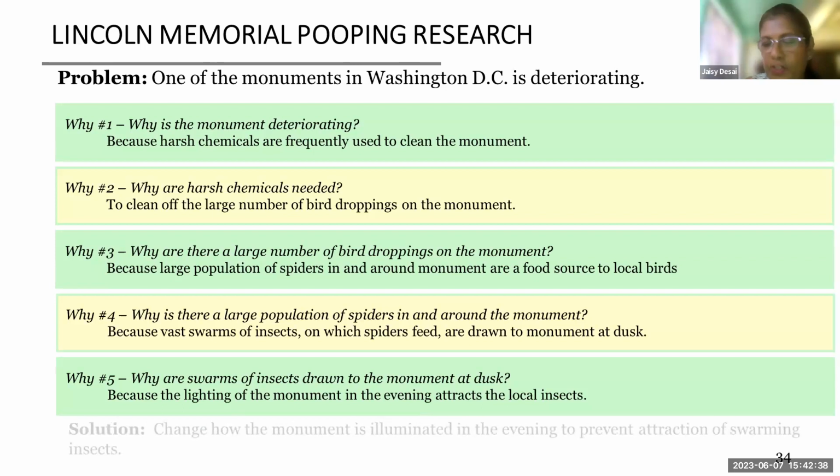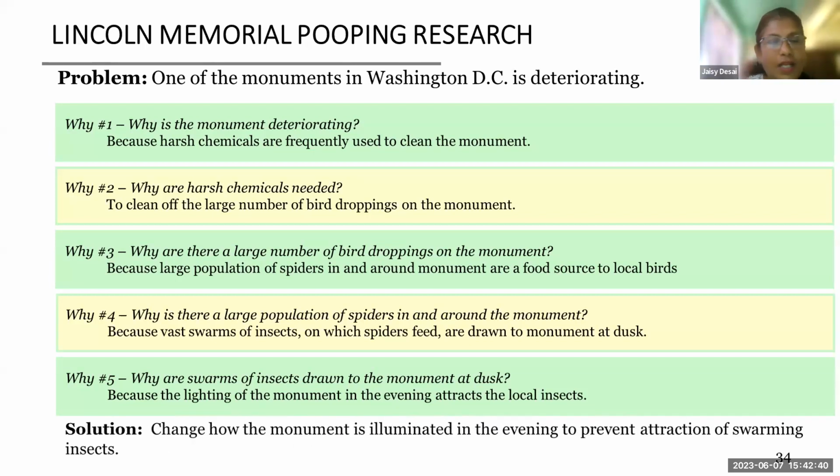So the solution to the whole thing was to change how the lighting is done, change how the monument is illuminated in the evening, and use whatever kind of bulbs to prevent the attraction of swarming insects, because it was killing a whole monument with all the chemicals that were used.